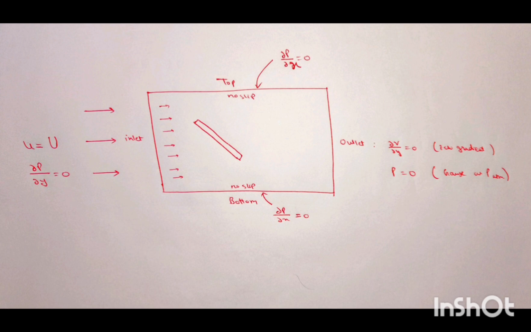At the outlet we have taken zero gradient velocity and pressure equal to 0. It is similar to the gauge pressure we take as 0, which can be a correct representation for the atmospheric pressure, which is the same at every point.